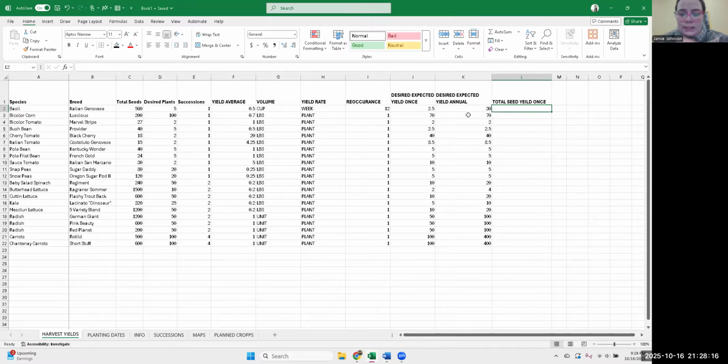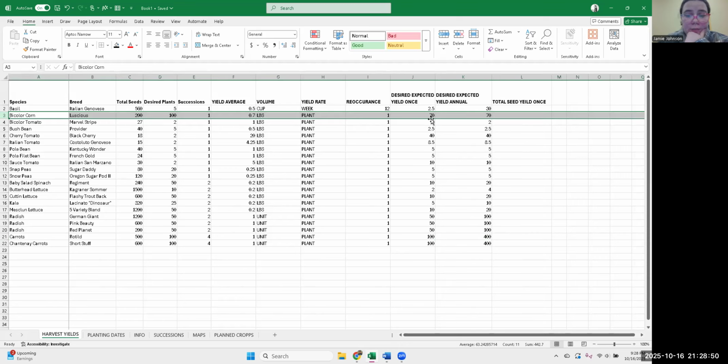And so what this gives me, rather than, if I talk about my carrot yields, I'm talking about getting 100 carrots every time I harvest, versus 400 carrots every year, versus the corn, where I'm getting 70 pounds of corn once a year.